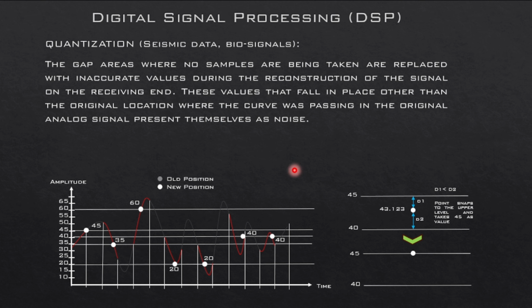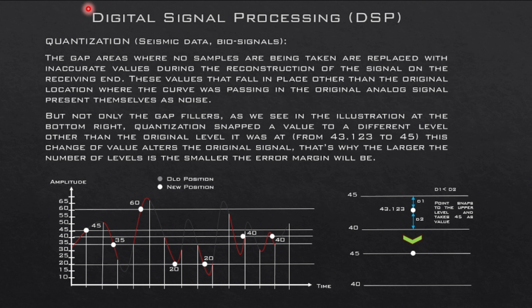Why? Because they are not the exact values. So they would present as some type of distortion due to the inaccuracy of their location during the restoration of the main signal. Now the gaps are replaced with inaccurate values, and they represent themselves as noise.